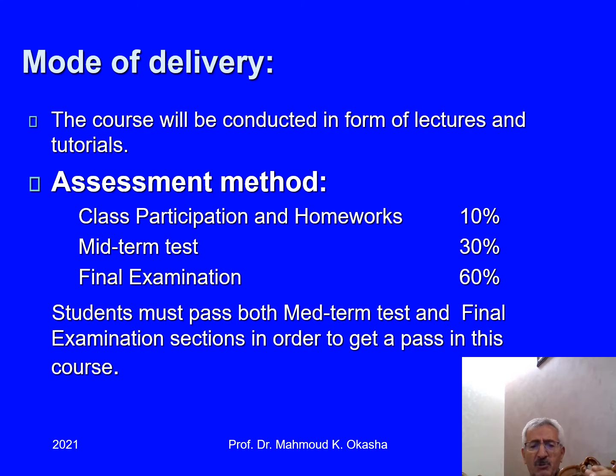The final exam will be 50%, not 60%, and the class participation and homework will be 20%. It's not clear yet how we can change these figures, but certainly some changes will depend on the corona pandemic crisis. How will it be changed?